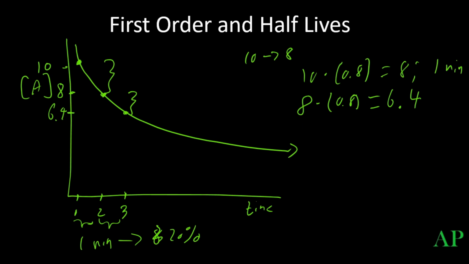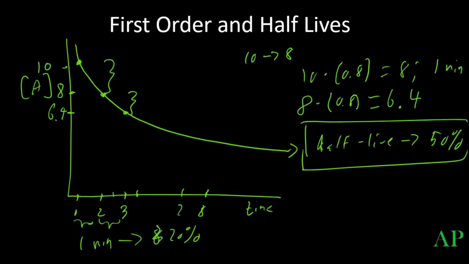And this will be true for every minute you look at on this graph. If I went from 2.5 to 3.5, that's going to drop by 20%. If I went from 7 to 8, that is going to drop by 20%. The half-life is just the case of this where my drop is 50%.